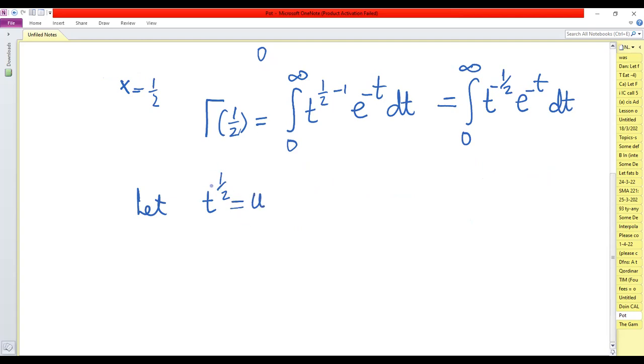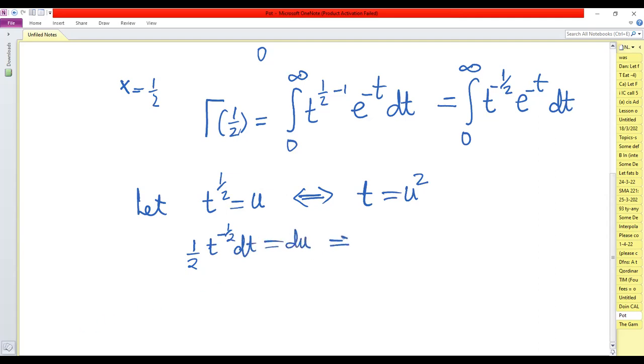Now that I'm picking t raised to power half to be my u, if I square both sides, t alone will be u squared. So therefore, in this power of e, I'll have negative u squared. Now from this, I'll have a half t raised to power negative a half dt given by du.